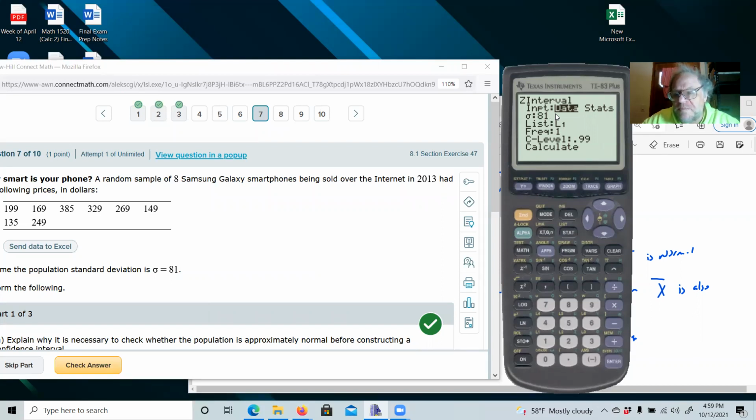I wouldn't worry about this row just yet. I'm not going to ask you one that does that. Most of the ones I ask you guys are small numbers. What level of confidence did they want? They said 80%. So we're just going to type it in. The calculator is going to deal with the confidence coefficient. We don't have to know. We're just going to say calculate now. Done.